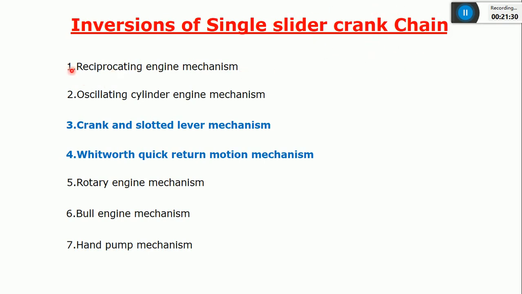Please note down these 7 inversions. The third one and the fourth one are very important. From the exam point of view, you'll get at least one question, either a crank and slotted lever mechanism or Whitworth quick return motion mechanism.